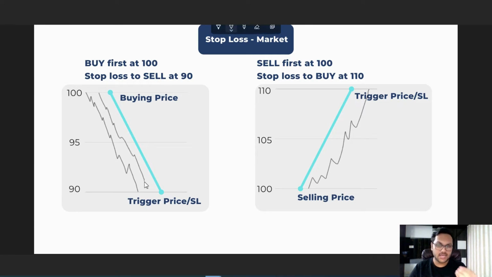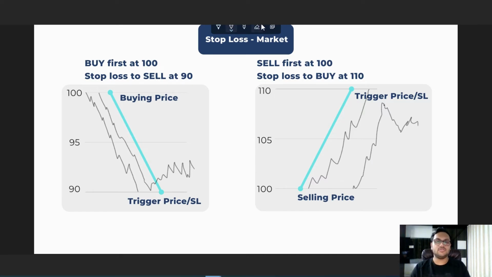Let's say it even touched 90.10, but it did not touch 90, and after that it fluctuated a bit but did not reach 90. And similarly here, it fluctuated but did not reach 110. In that case the order won't be executed. In both cases the stop loss order won't be executed because the trigger price has not been reached. As simple as that.